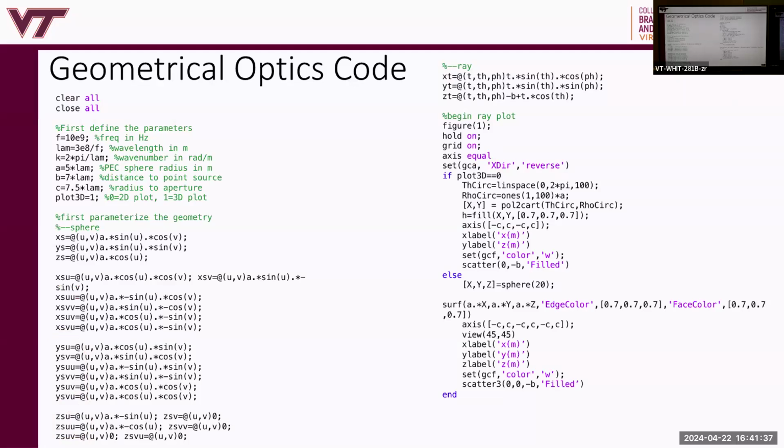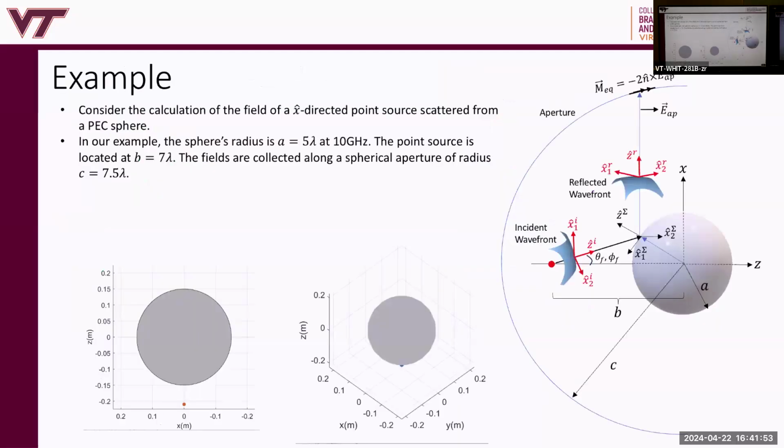Then we need the parameterization for the ray. The way we've set this up, they're functions of U and V, and this is a function of T, but I also added the direction of the ray. Because the point source is located along the z-axis and has its coordinate system in the same orientation as the global coordinate system, this ray, which is emanating from there with these angles theta phi, is the same as the theta phi in the global coordinate system.